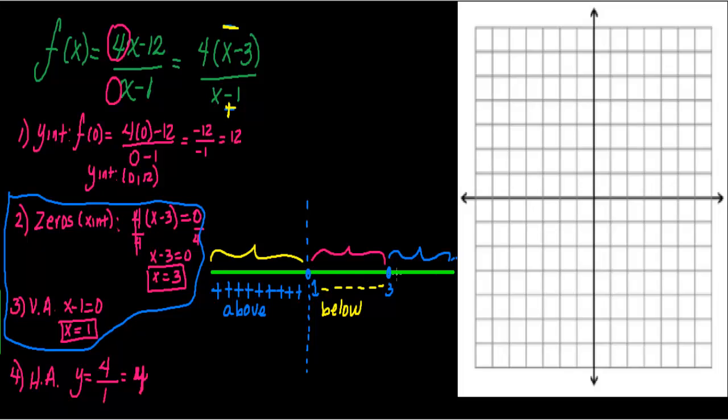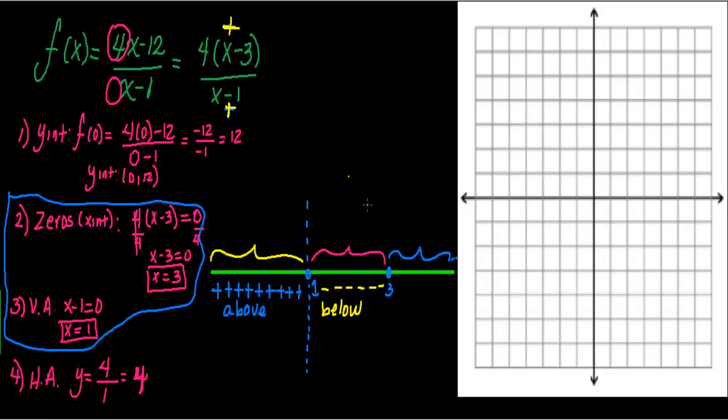And for the interval 3 to infinity, I'm going to choose any number, 20. If I plug in 20 for x, minus 3, will that be positive? Times a positive 4, that will be positive. If I plug in 20 here, will this be positive? Well, you get the idea.